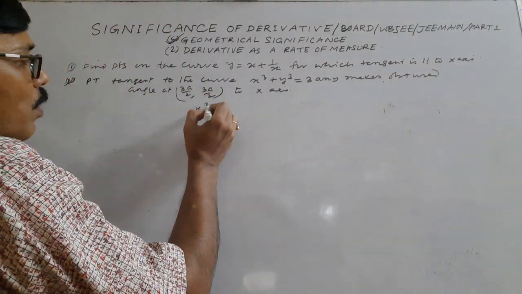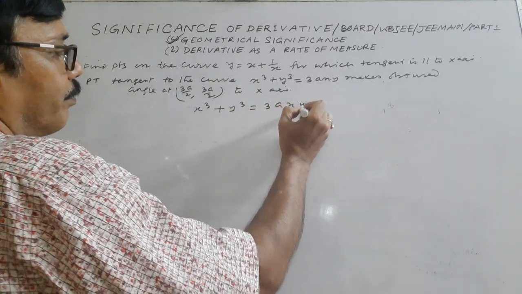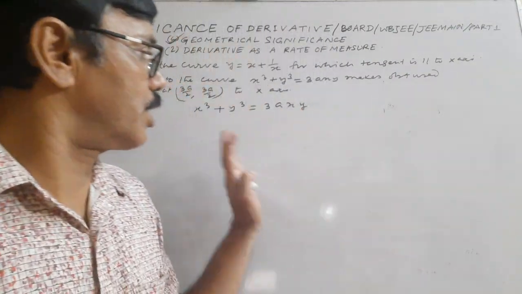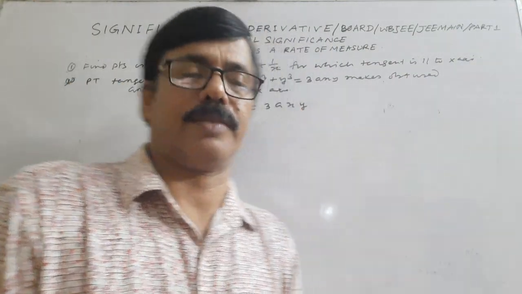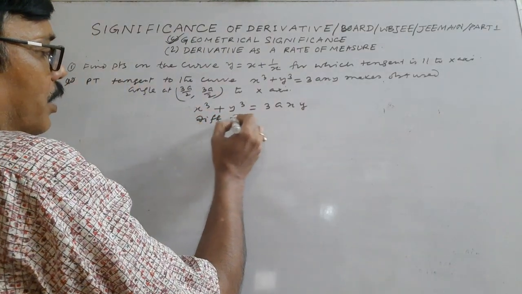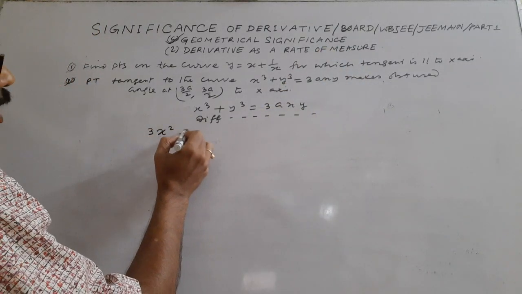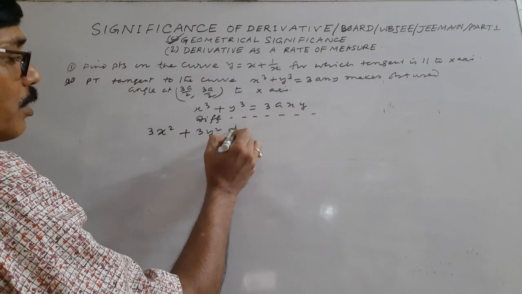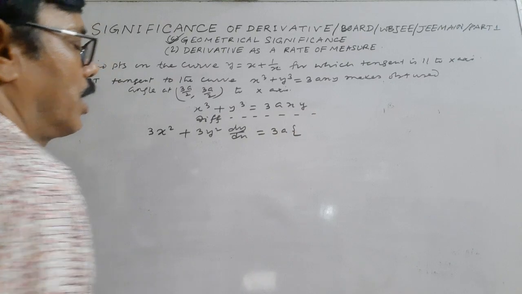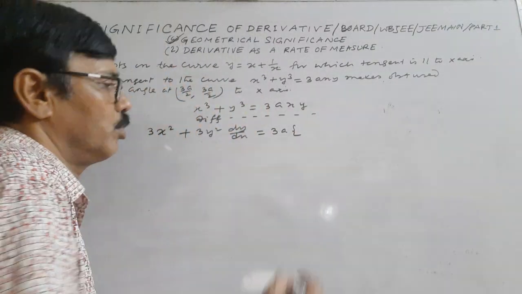So x cube plus y cube equals 3axy. Here x and y are in mixed form, so this is an implicit equation. Differentiating both sides with respect to x to find dy by dx: 3x square plus 3y square dy by dx.